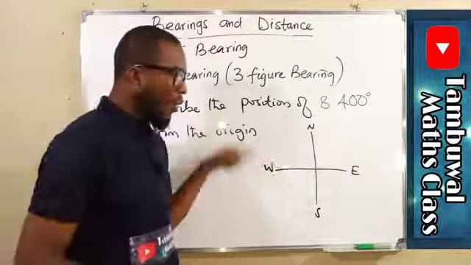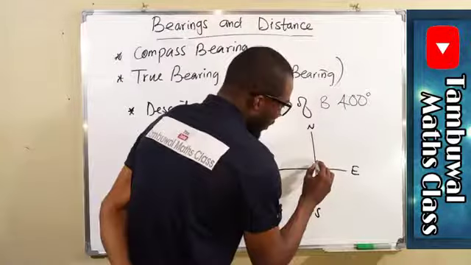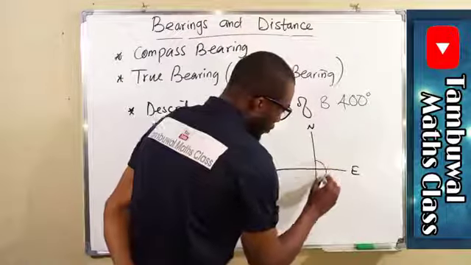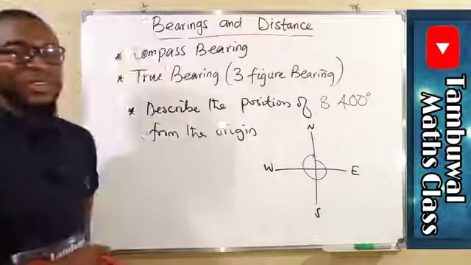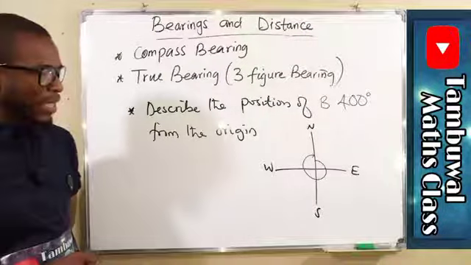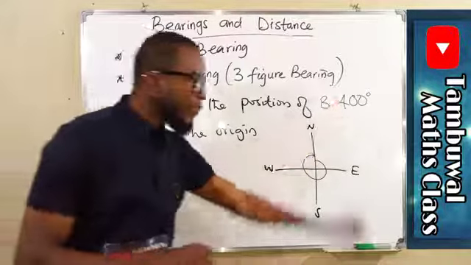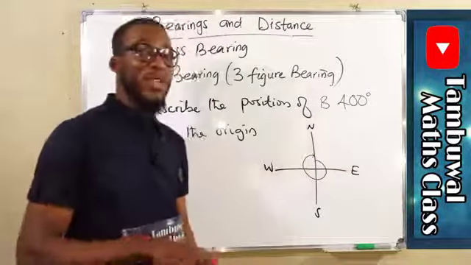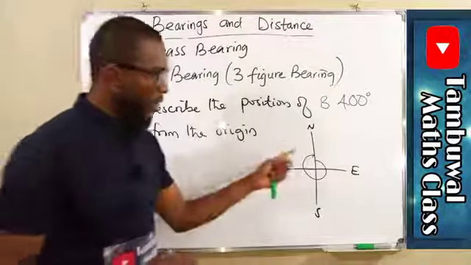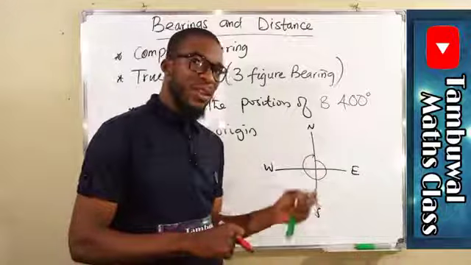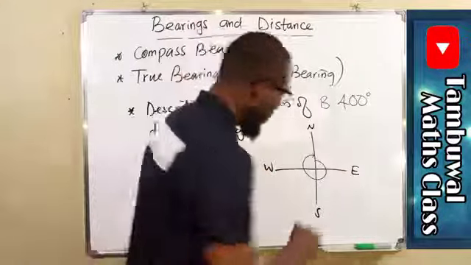The total angle we have is 360. So from here, if you move back up to this position, you have 360. But 360 is less than 400. Therefore, we keep on going. What do we need extra? 360, we need 40 more degrees to reach 400.